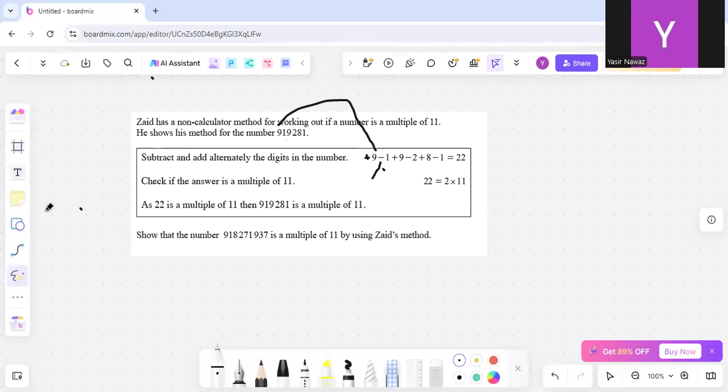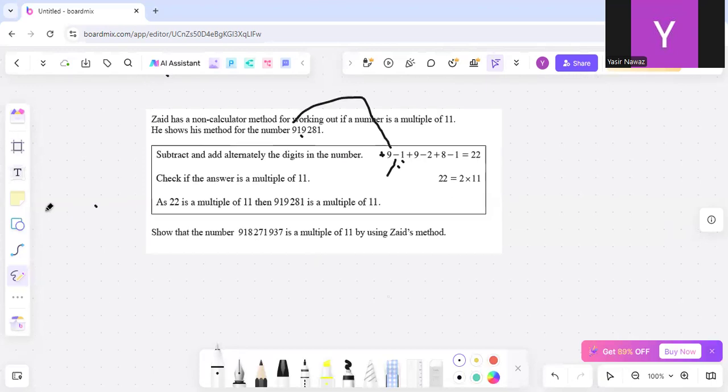Then the next digit is 1, then the plus sign, then the next digit is 9, and then a negative sign. So alternating signs, plus, minus. And then this answer was obtained, which was 22, and then it was checked whether it is a multiple of 11. Here the same method will be applied.